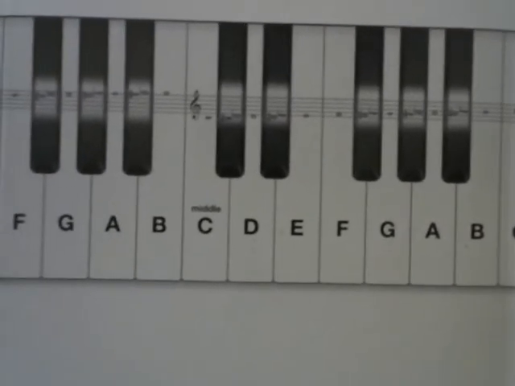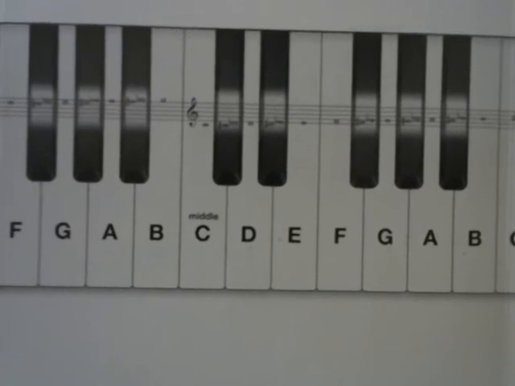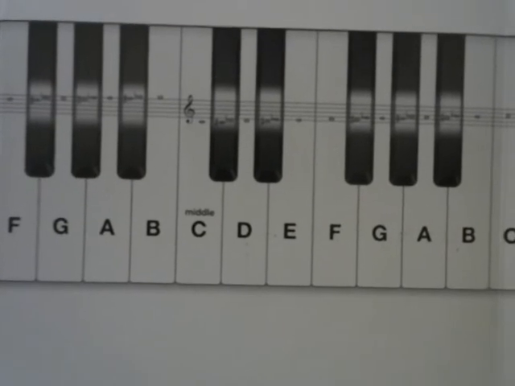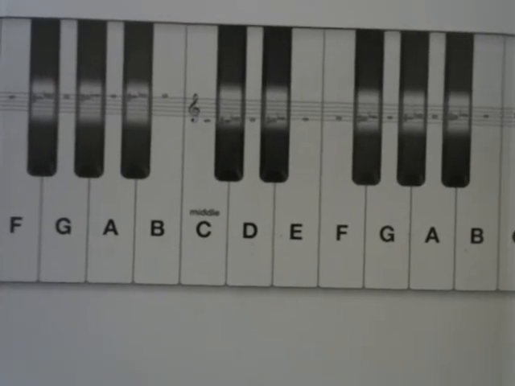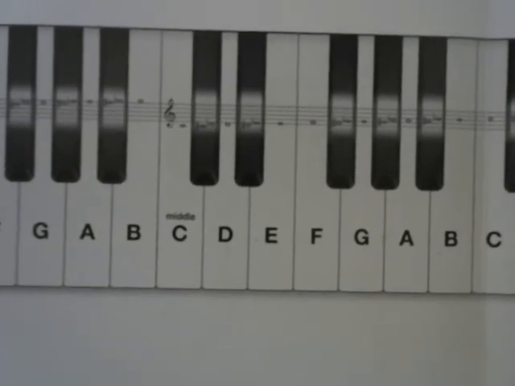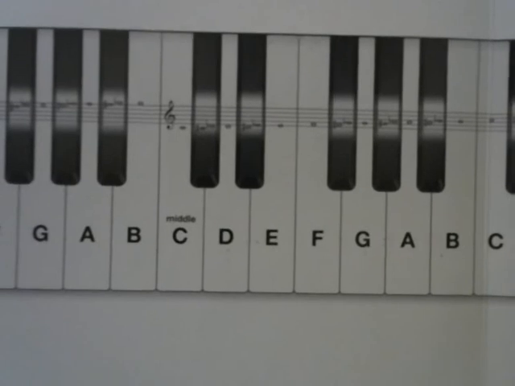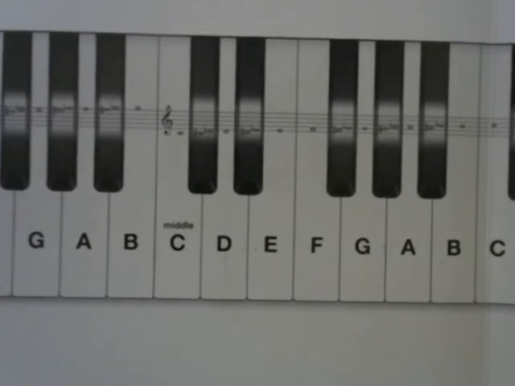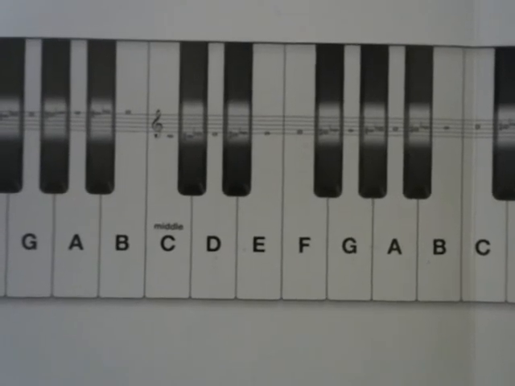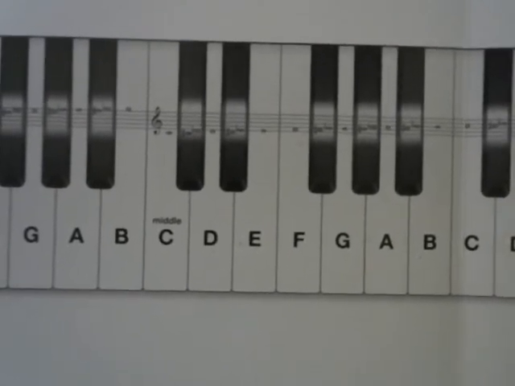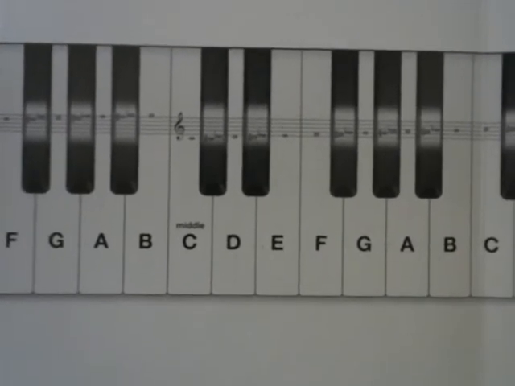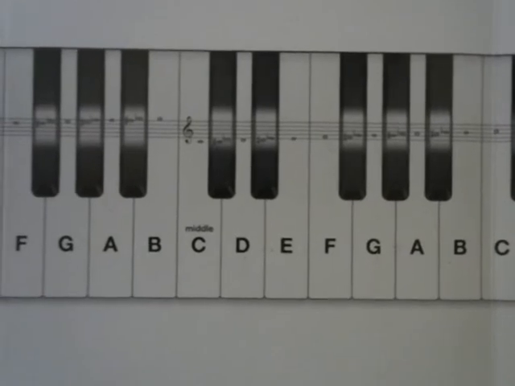So remember, B to C, that's a half step. C to D is a whole step. D to E is a whole step. And then we gotta go another whole step. E to F sharp is a whole step. And then the last half step is F sharp to G. So we just built a G major scale.